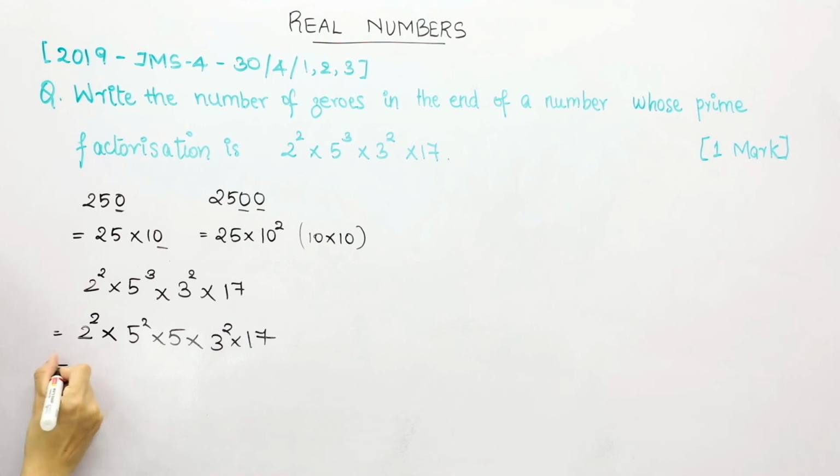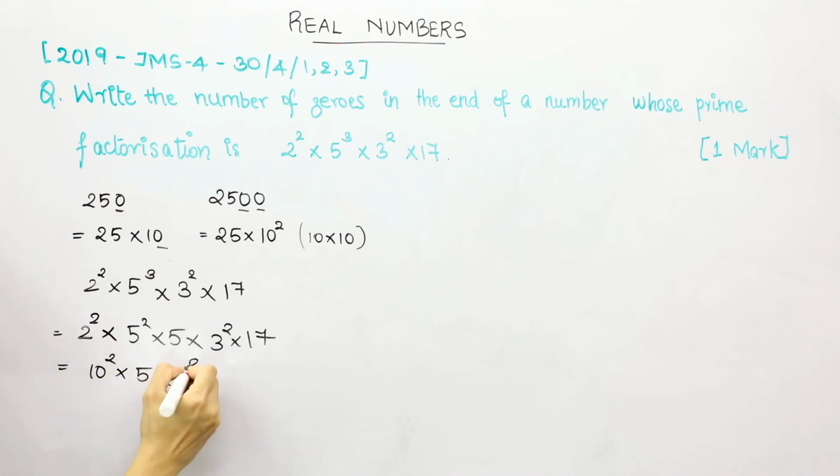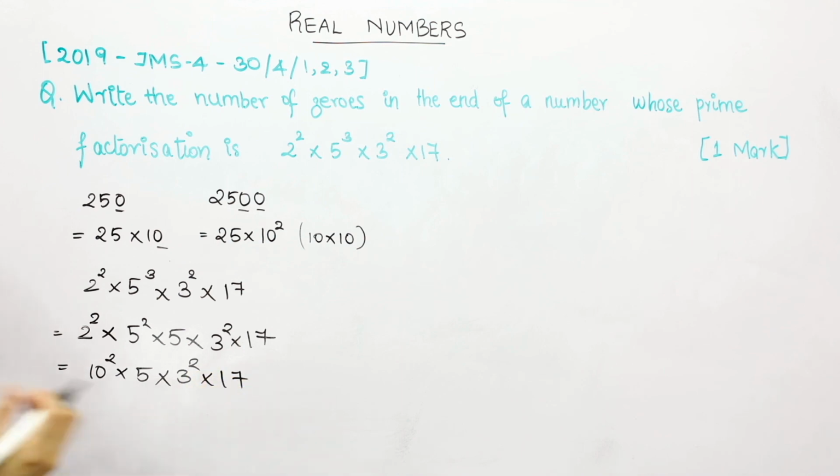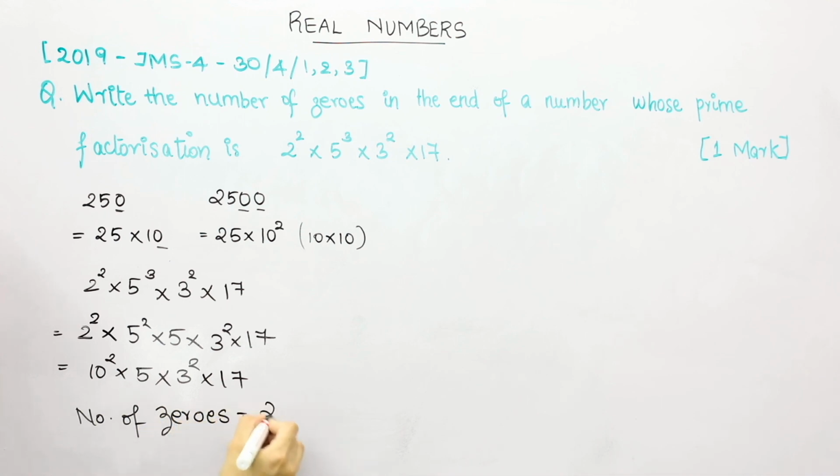So here we'll get 10 squared into 5 into 3 squared into 17. We can see that there are two tens in the factorization. Therefore, the number of zeros is equal to 2.